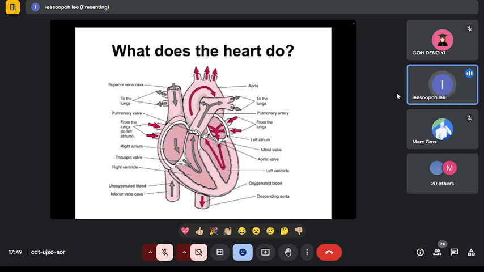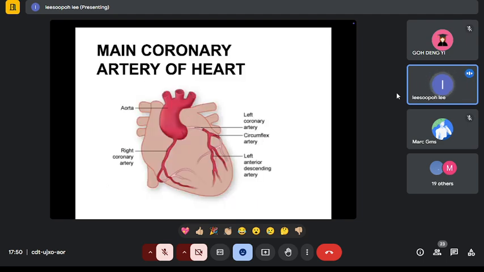So mainly the left side of our heart does most of the work. That's why the left ventricle is thicker, has more muscle, because it needs to pump blood through the entire body. And mainly it's supplied by your left anterior descending artery. That's why the anterior descending is a very important vessel for the heart.